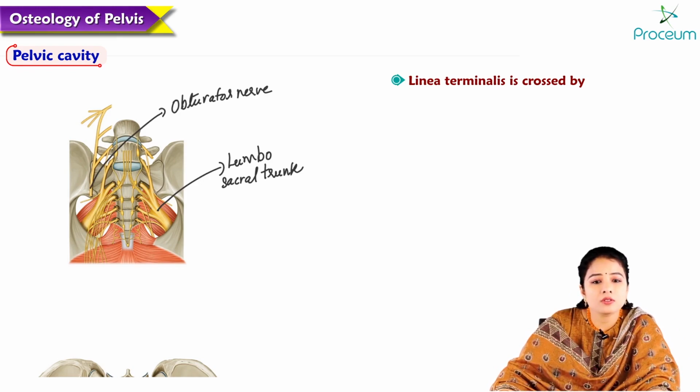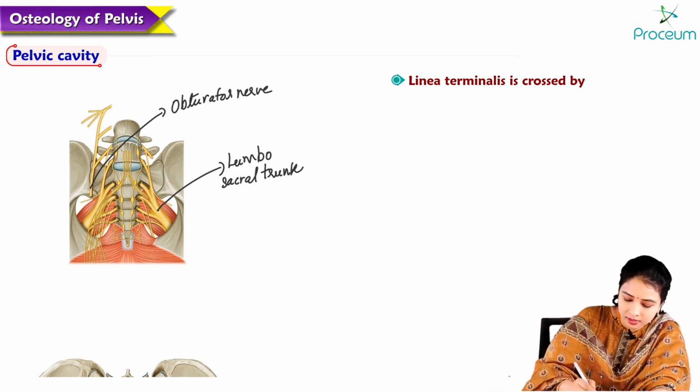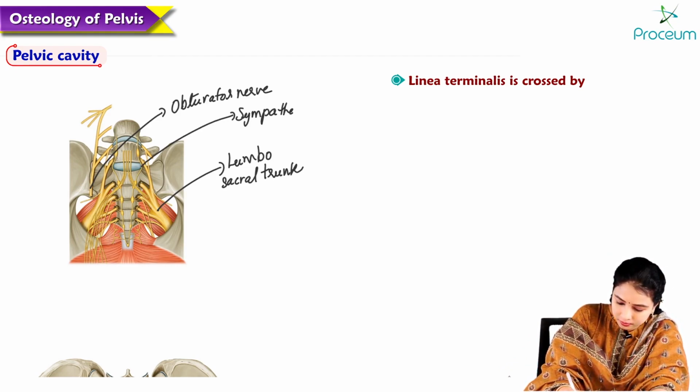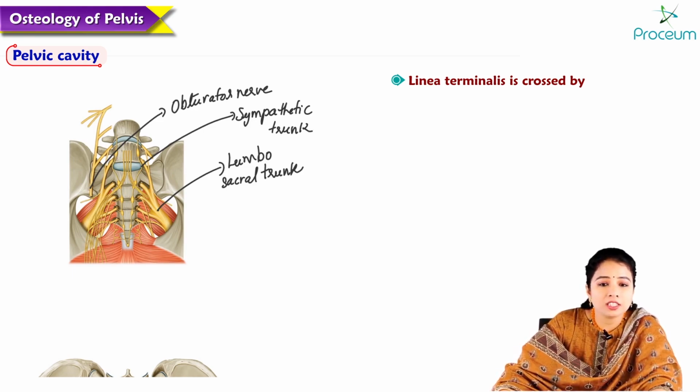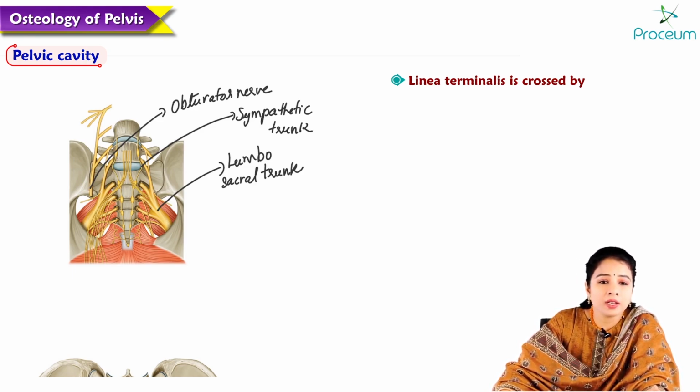It is also crossed by the spermatic cord in males, round ligament of uterus in females, the sympathetic trunk, and the suspensory ligament of ovary in females. So these are the few structures which are related to the pelvic inlet. That is, to be specific, related to the linea terminalis of the pelvic inlet or pelvic brim.